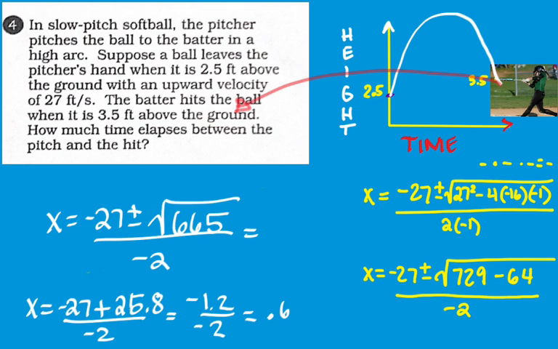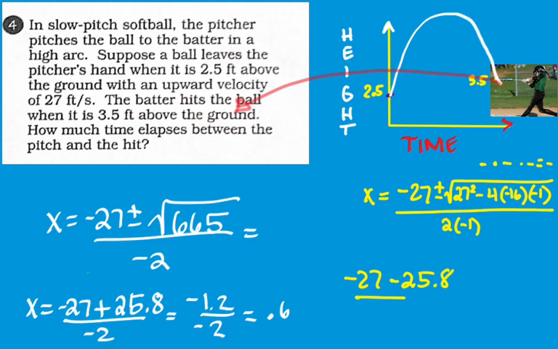When I plug in the next value, I get 26.4 seconds, because negative 27 plus negative 25 divided by negative 2 gives me 26.4. And that's how long that ball is going to be in the air until it finally lands later.